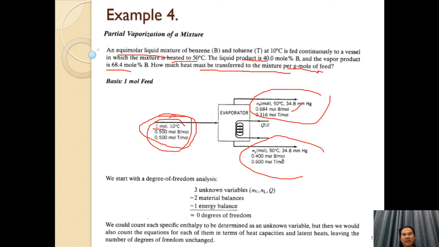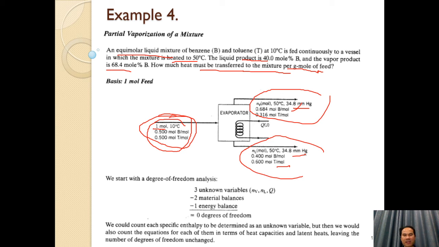Also, you know the product liquid is 40% mole benzene, that is 0.4 mole benzene per mole total, and then you calculate 1 minus 0.4, you get 0.6 toluene. For the output in vapor and liquid in saturation, that is at 50 degrees Celsius, then you can open the table and you get the pressure.